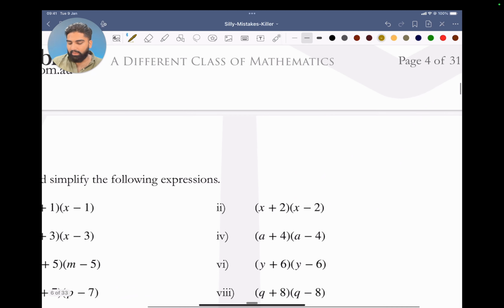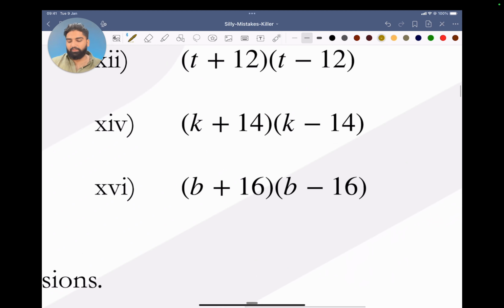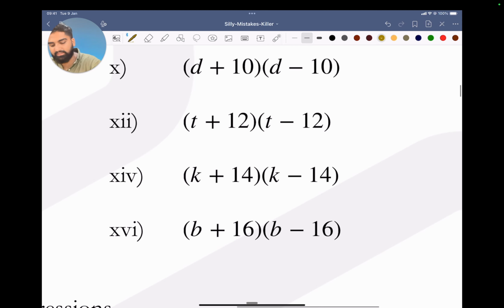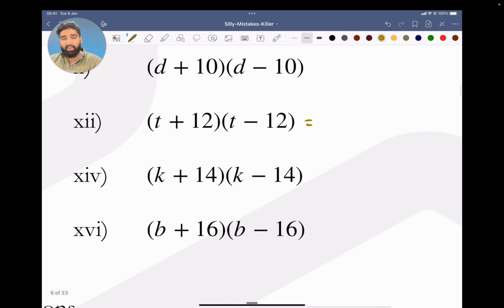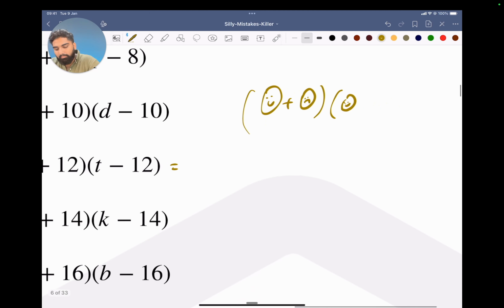Okay. And then we move on to, we have some difference of two squares. So difference of two squares, every single one of them are exactly the same. You have to be able to recognize them, right? So even if it was some like smiley face plus sad face times smiley face minus sad face is equal to smiley face squared minus sad face squared.